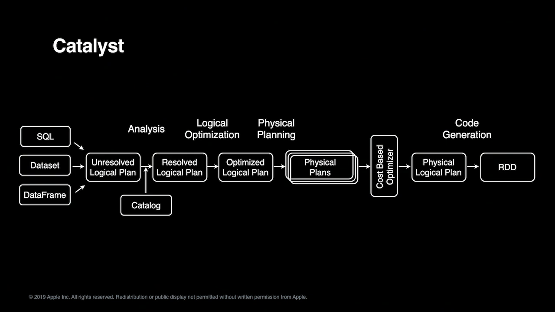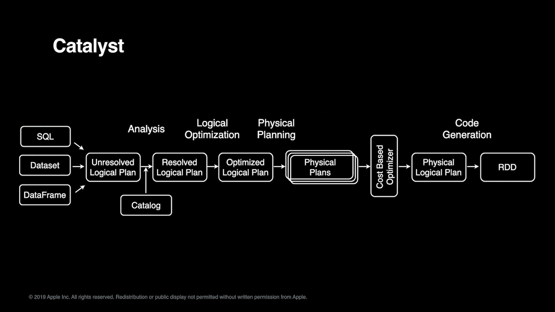Okay, so talk about Spark SQL a little bit. So in Spark SQL, one of the most important concept is Catalyst Optimizer. So how does it work? So Catalyst Optimizer gonna take SQL expression, the SQL query, or even dataset query or DataFrame, and then we're gonna translate into unresolved logical plan.